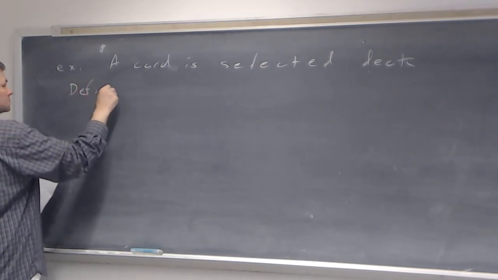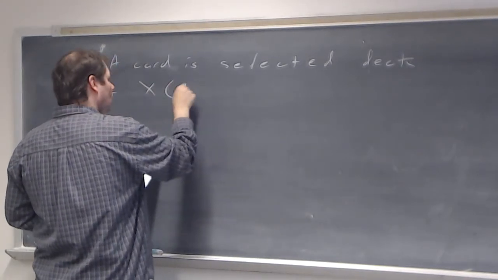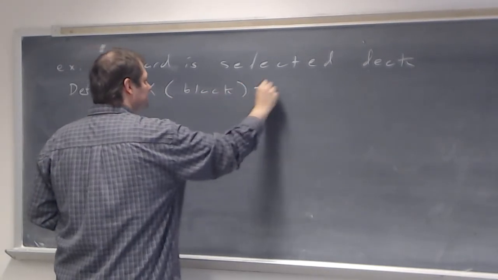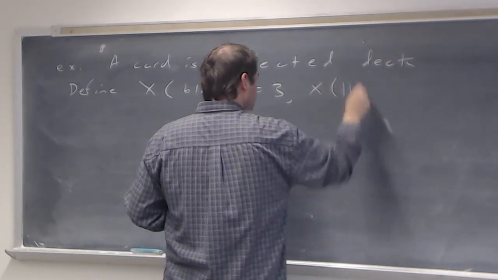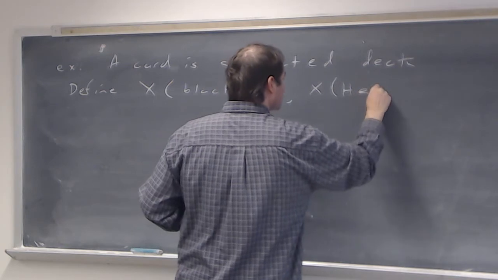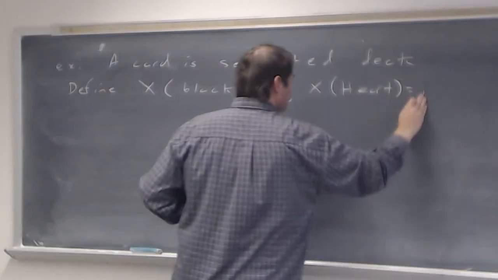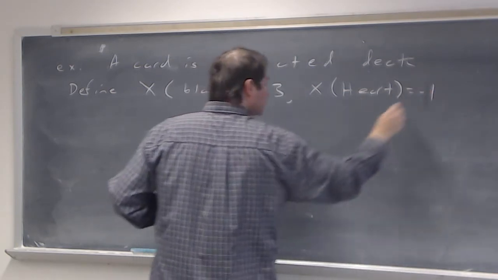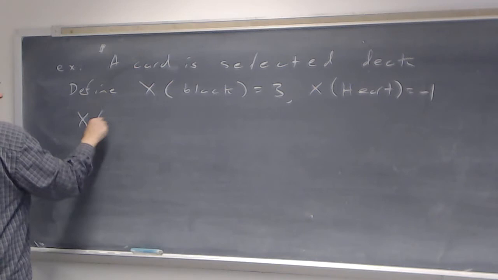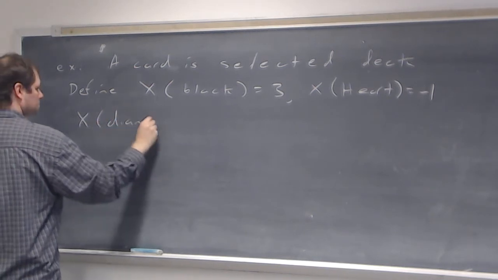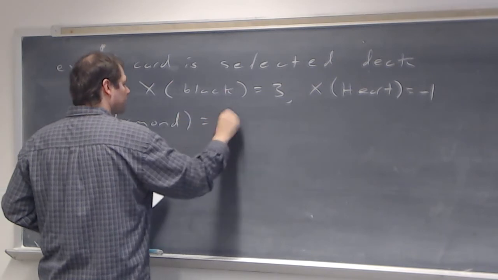Define X of a black card to be 3, X of a heart to be -1, and X of a diamond to be 2.